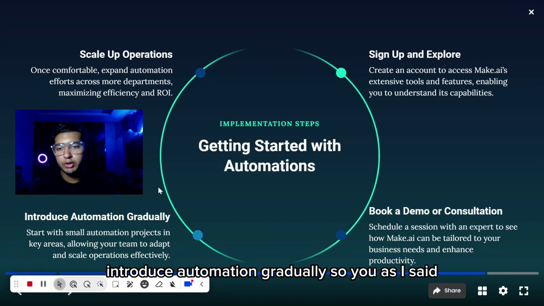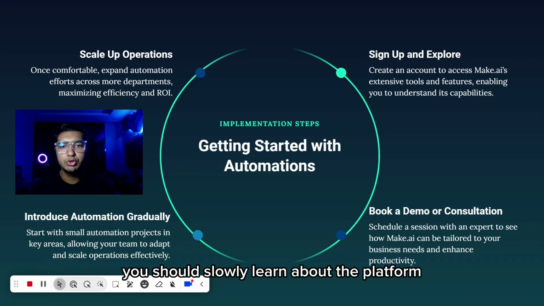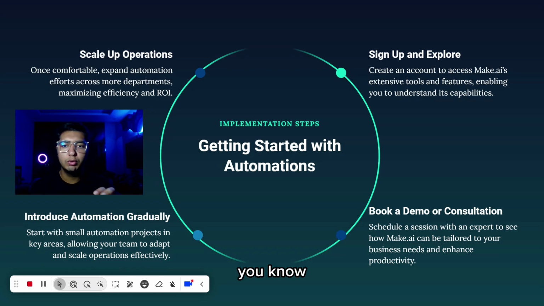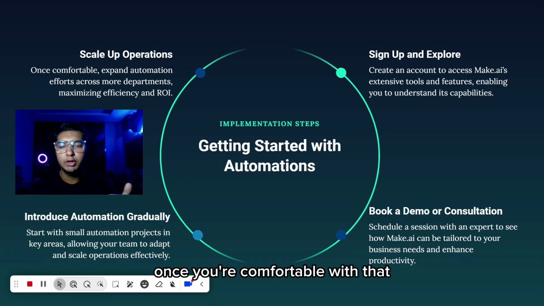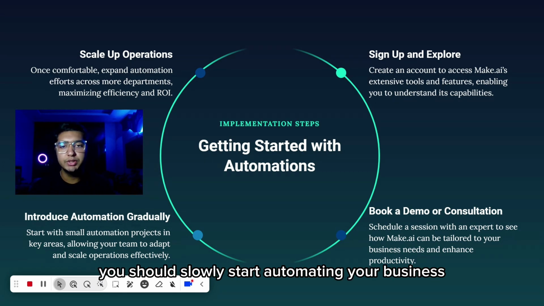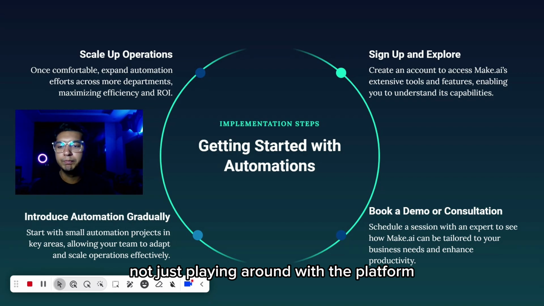Introduce automation gradually. As I said, you can just play with it in the start. You should slowly learn about the platform. And once you think you've learned enough, you can try making some test automations and stuff. Once you're comfortable with that, you should slowly start automating your business workflows because that's the main aim here, not just playing around with the platform.